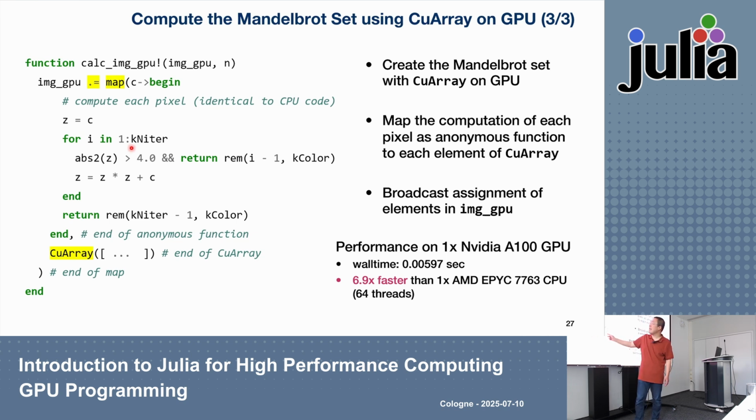And then this single calculation for each pixel will be mapped to the GPU threads for the existing CuArray. Here is the end of the CuArray, the so-called image GPU to put it there.